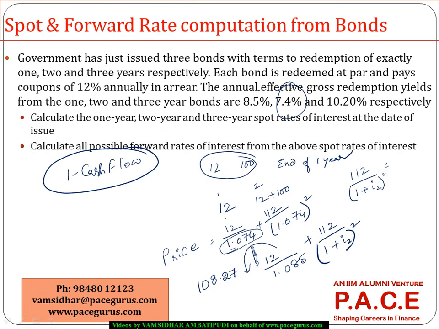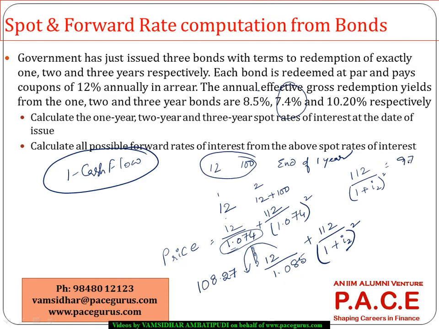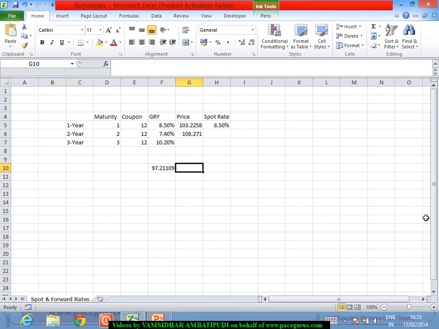So 112 divided by 1 plus I2 squared is 97.21. With a bit of rearrangement, 1 plus I2 squared is 112 divided by 97.21.